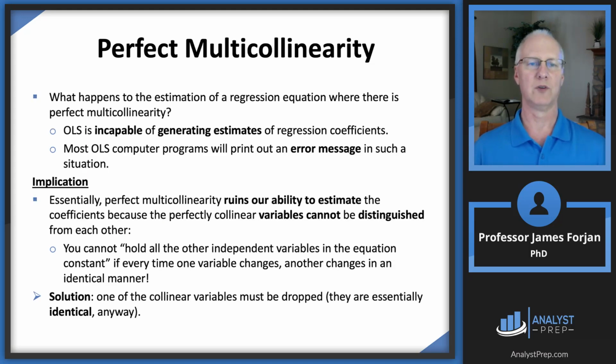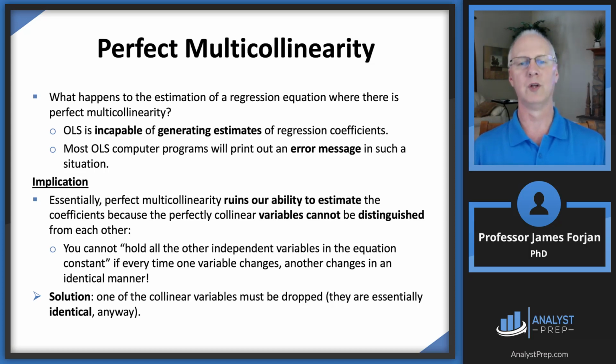So what are the consequences here? Ordinary least squares is not capable of generating estimates of regression coefficients. I mean, most of these programs will print out a message that says, you know, dear Jim, what did you do by selecting these independent variables? Go back to your very first stats class and fix the problem.